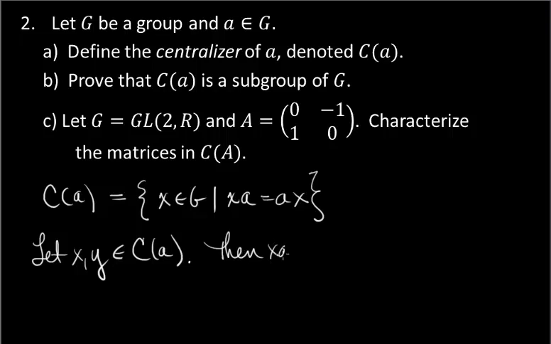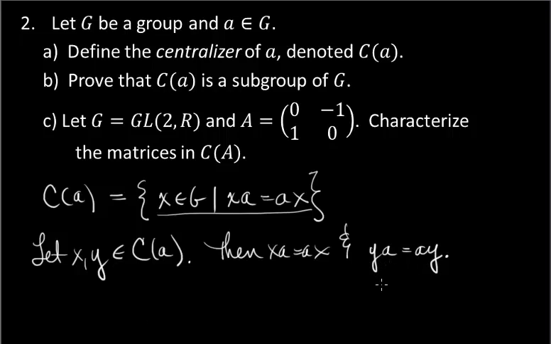Then XA equals AX and YA equals AY, because that's what it means to live in the centralizer. You're using the definition of what the centralizer is. We want to show that XY inverse is in there. So we want to show that XY inverse commutes with A.